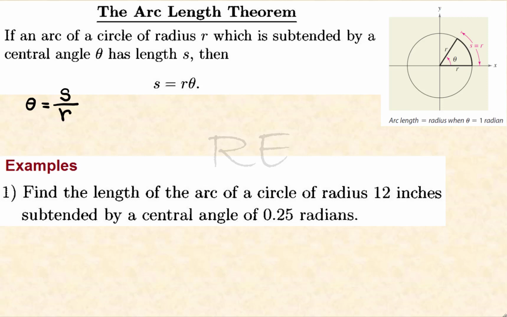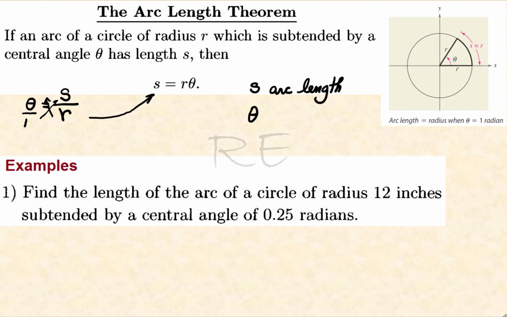If we cross multiply, we find out that the arc length is equal to the radius multiplied by the central angle theta in radians. Remember, the central angle must be in radians.